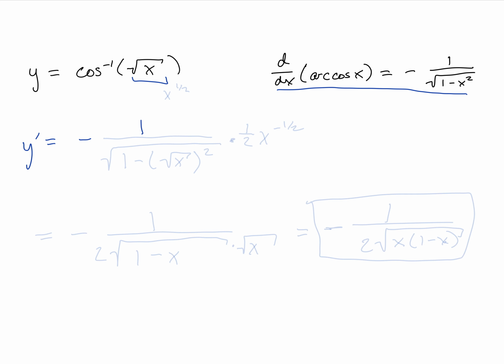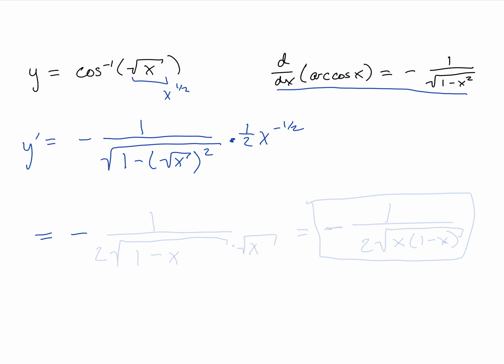So negative 1 over the square root of 1 minus, and then instead of just x, it's square root of x squared, multiplied by the derivative of the inside function. That square root of x we often write as x to the 1/2 in order to take its derivative more easily. So the derivative of x to the 1/2 is 1/2 times x to the negative 1/2. And so we could simplify this.